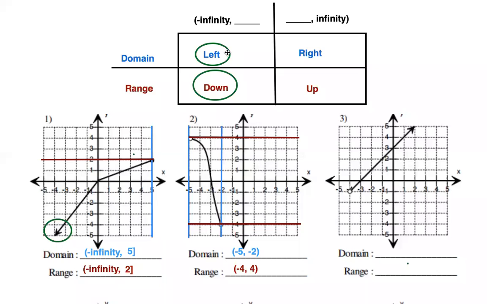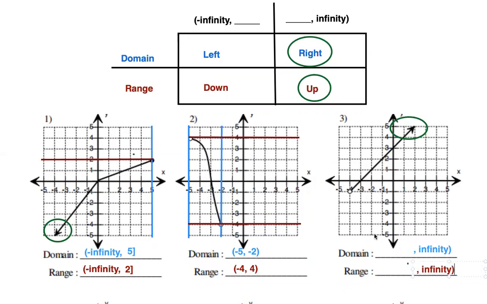For our third graph, we've got an arrow we want to take a look at. That arrow is going to the right, and it is also going up. So both domain and range are going to have a positive infinity. We're going to have an open circle down there, so that might cause parentheses for us.